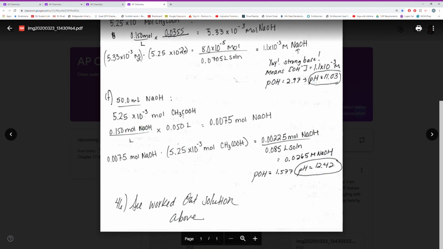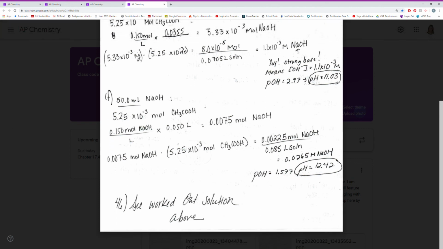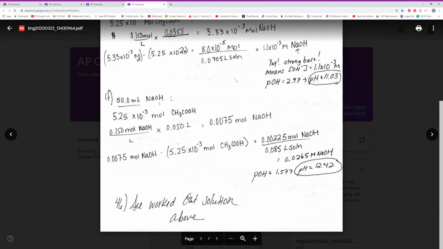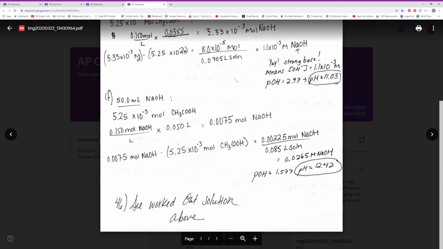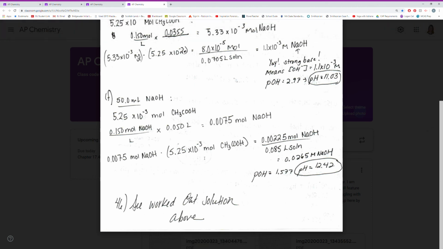And now, last part is part F. We have 50 milliliters of sodium hydroxide, so we have even more sodium hydroxide in excess. So hopefully at this point, you can tell me what you would do here. Figure out how many moles of sodium hydroxide this is, subtract from that number of moles of sodium hydroxide the moles of the acetic acid, I'm sorry, just acetic acid, not an ion, to figure out how much of this guy we've got left after the neutralization occurs, and then divide by the total volume of the solution.